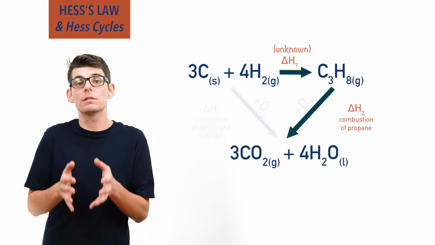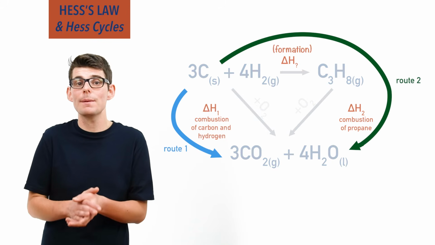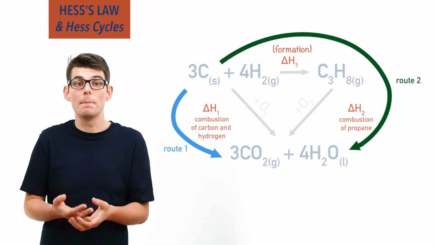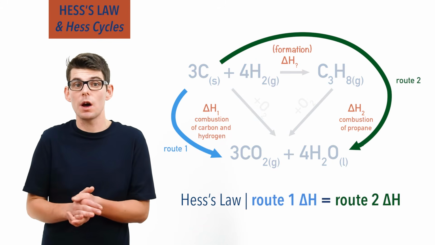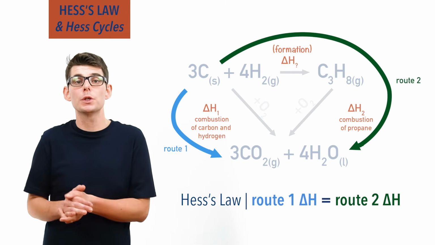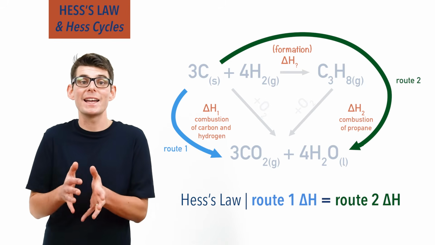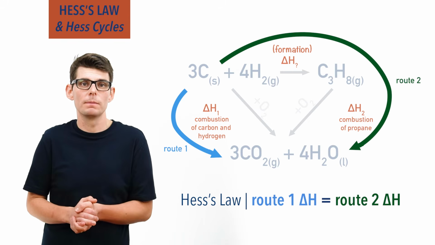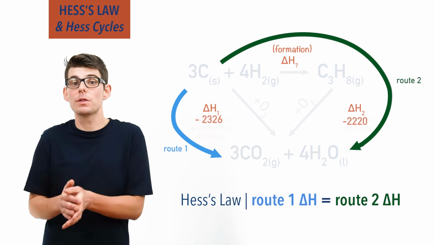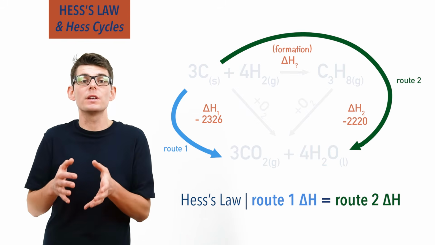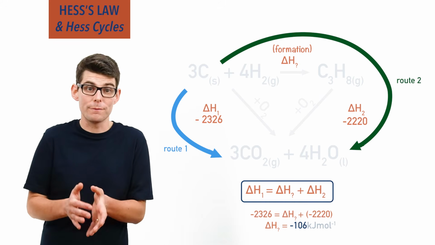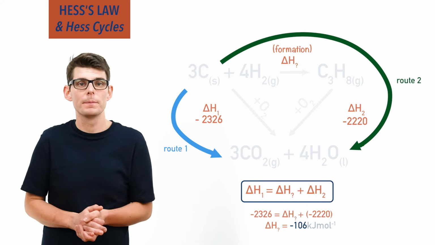Hess's law tells us that both of these routes will have the same overall enthalpy change, meaning route 1, combustion of carbon and hydrogen, equals route 2, formation of propane and combustion of propane. Substituting the values for the combustions involved meant we could find the unknown value, enthalpy of formation for propane.